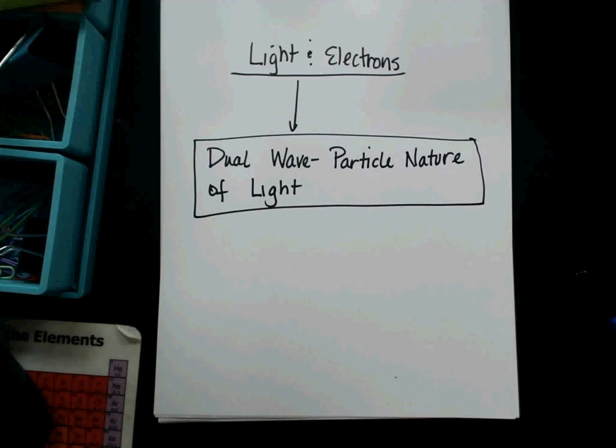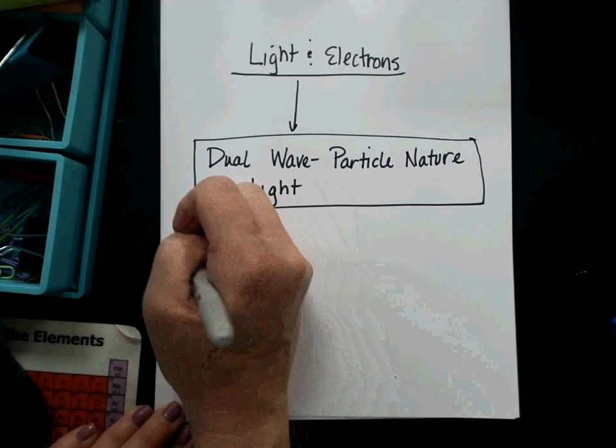Basically, all that's saying is light has characteristics of waves and characteristics of particles. Particles being like the subatomic particles, the electrons.